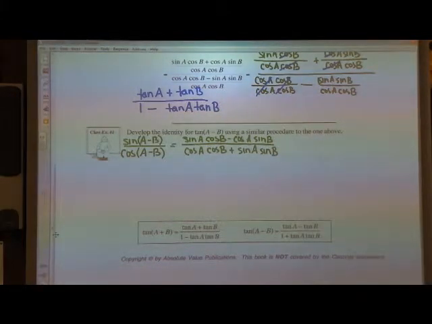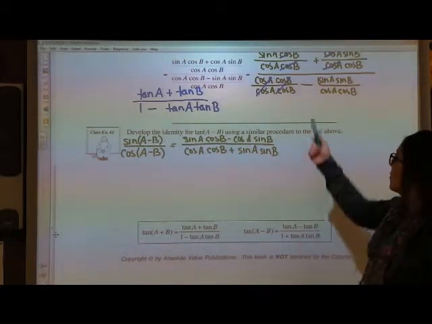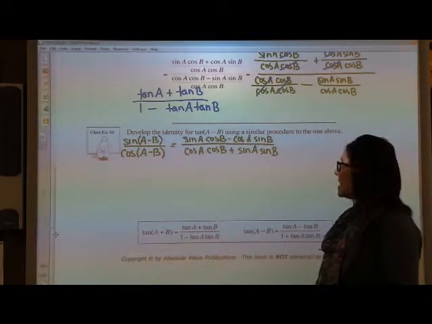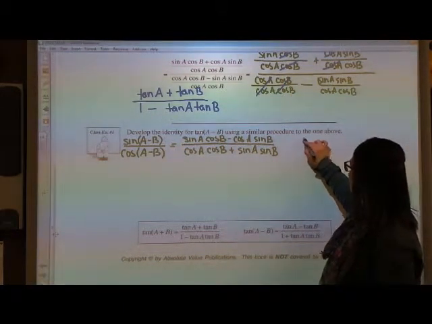Okay. The next step, we're going to do like we did before. We're going to divide the numerator and the denominator by that cos A cos B. So when I write it out, I'm going to separate everything.